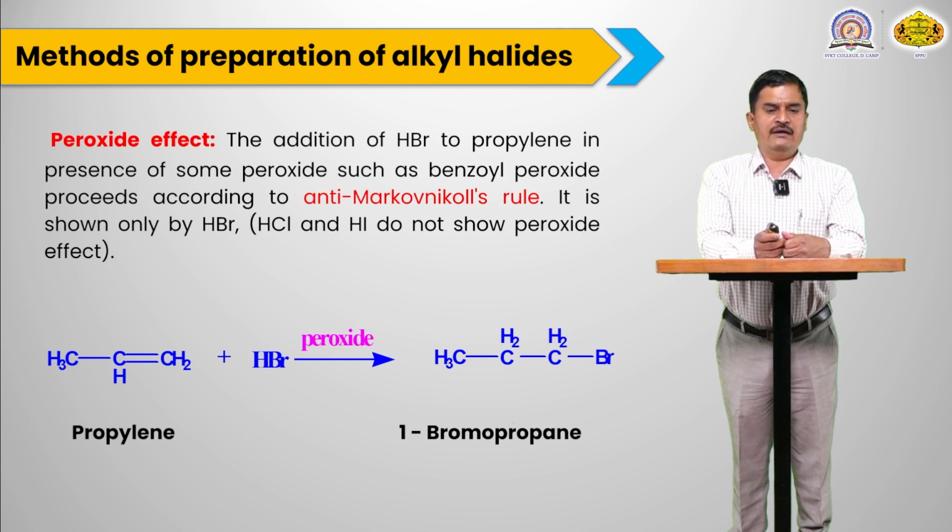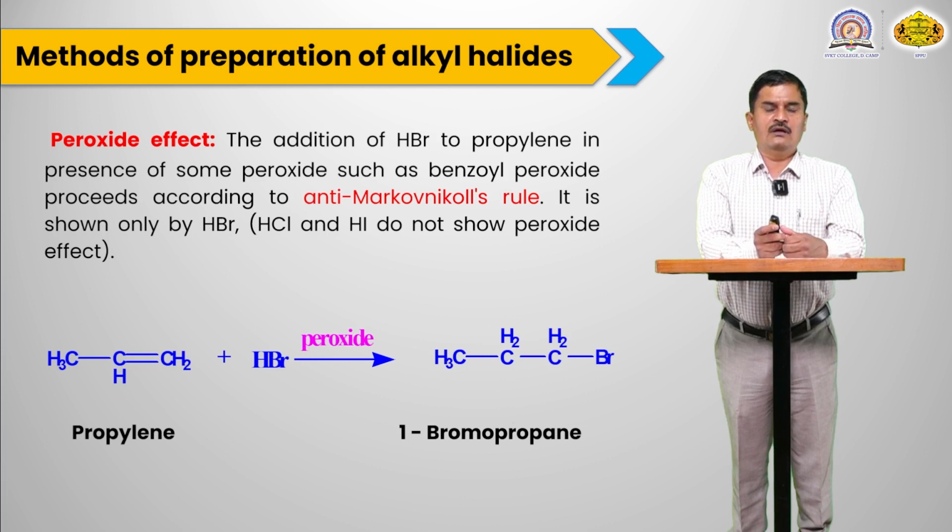In the presence of peroxide, propylene reacts with HBr. First there is formation of a free radical, and that free radical reacts with the carbon-carbon double bond, and then there is formation of a more stable free radical. If we look at the stability of free radicals, primary is less stable than secondary, and secondary is less stable than tertiary, so the tertiary free radical is more stable.